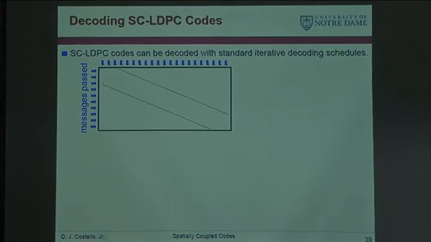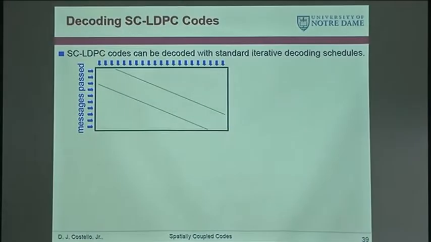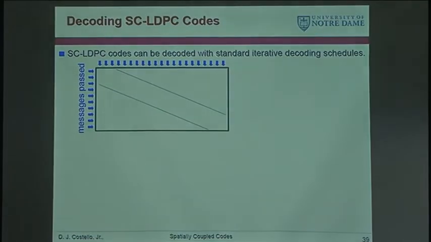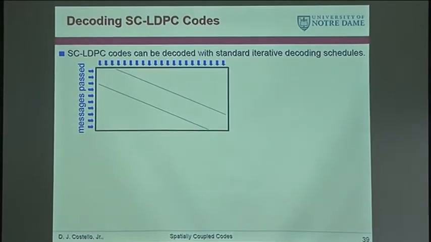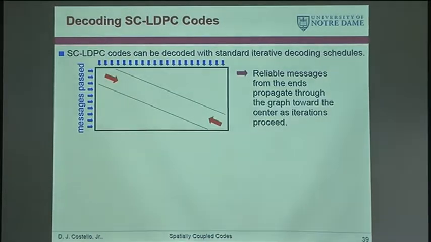Now this is another little way of viewing the decoding. If you think of this box as representing a terminated spatially coupled graph, and you just do message passing decoding on the entire graph, thinking of it as a block code, like that little illustration we had with the wave effect, you have reliable messages.